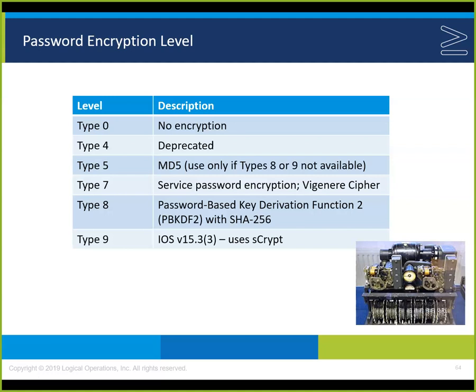And then the cipher, the methods that can be used for those things. Type 5, the MD5. Type 7, service password encryption, the Vigenère cipher. Type 8, password-based key derivation, SHA-256, and the newer one, Type 9, uses scrypt, for IOS 15.3 and above.